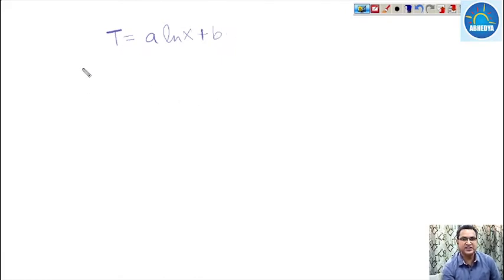So the equation is given as T is equal to A ln x plus b. At the ice point, what is the temperature? Temperature is 0 degree centigrade. And at the steam point, what is the temperature? That is 100 degree centigrade.